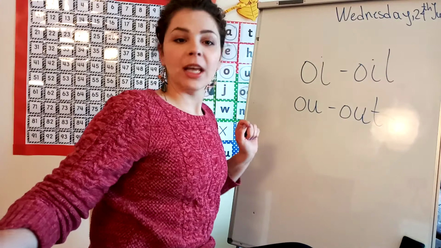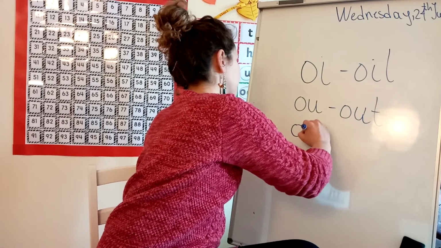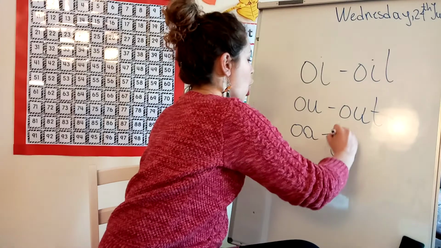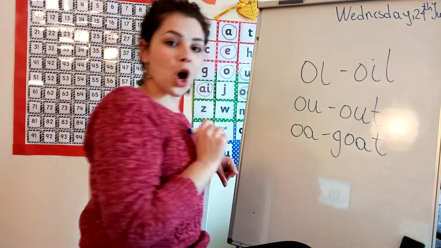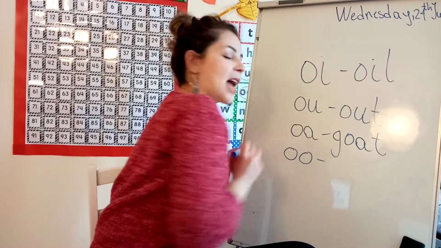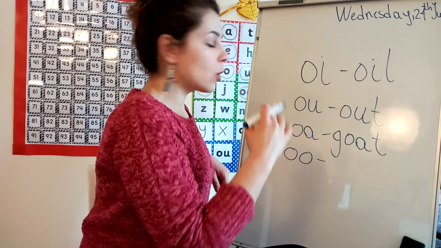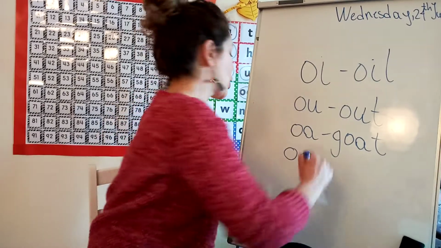We also had early on o as in goat. And we have double O, which makes the sound oo or ooh, longer or shorter, as for example in the word moon.